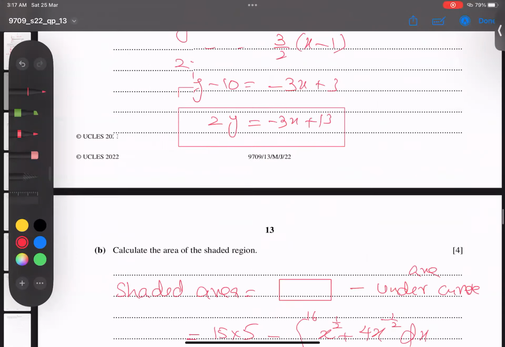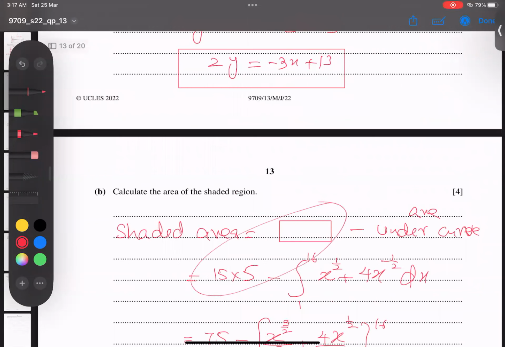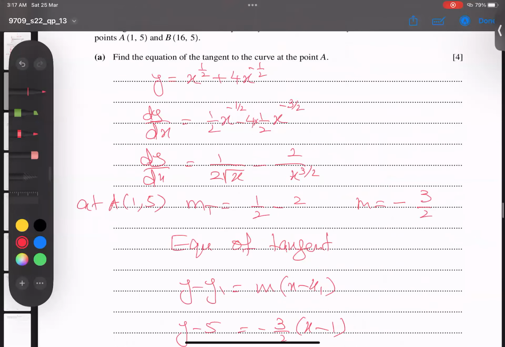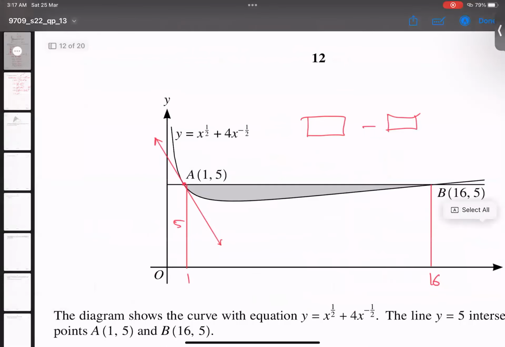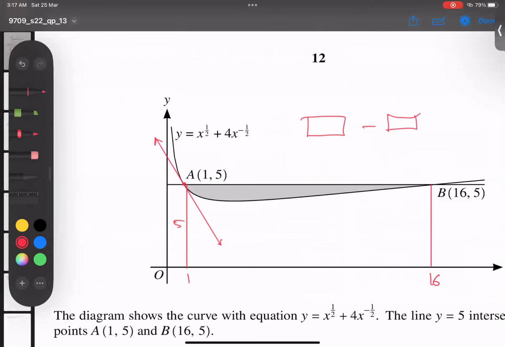And one more thing I tell you: if you don't like this integration of the rectangle, we can do another way even. What is that? Integration is 1 to 16 and the y equation. And what is the y equation? Have a look, please. So 1 to 16, sorry, not 15, 1 to 16. And this equation of the curve is very clear.